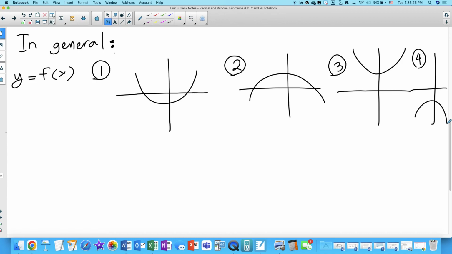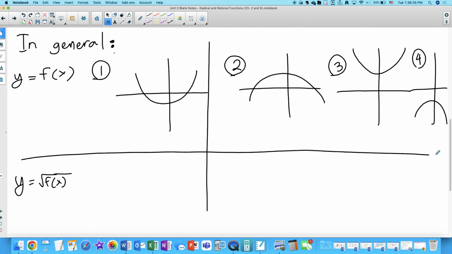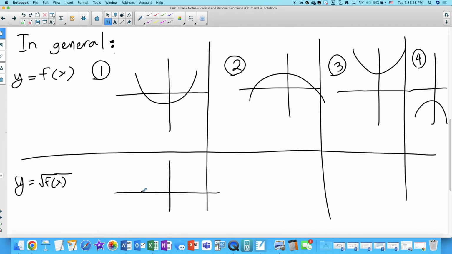Okay, so if you see this guy, make a little chart here. Where will the radical function be defined? Yeah, it's going to be to the left of this x-intercept and to the right of this one, right? So this will look roughly like this. There's the other one.